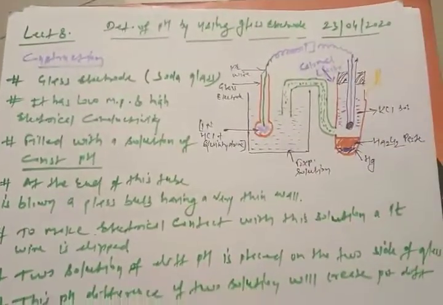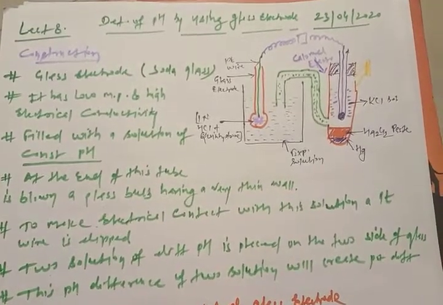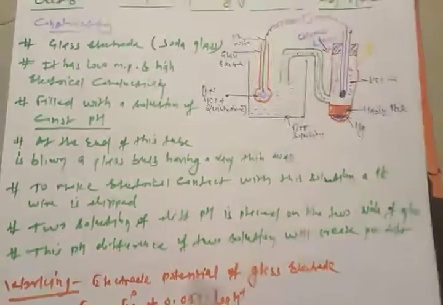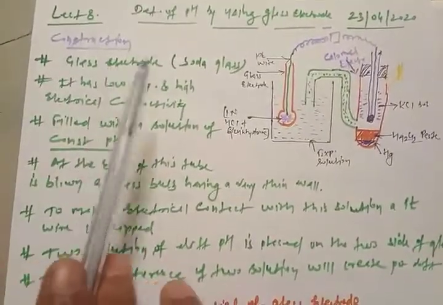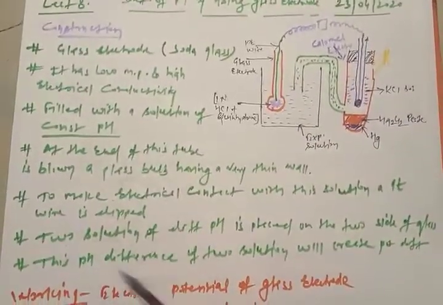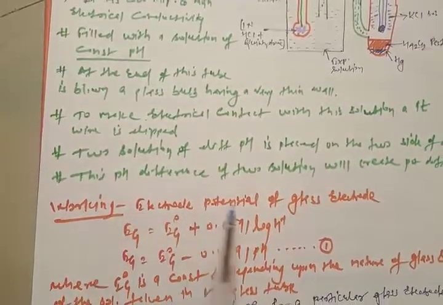So today what we have completed is the determination of pH by using the glass electrode. Here we have dealt with two sections. One was the construction of the cell, how the cell is set up, and the important points for the construction, and then the working.